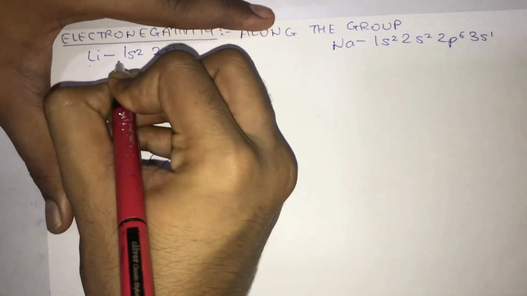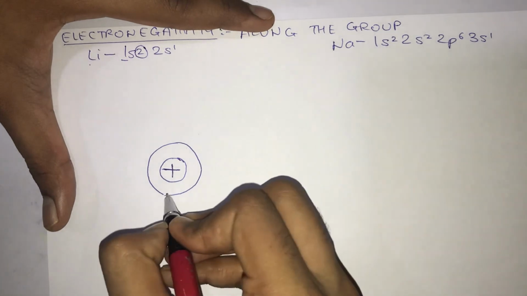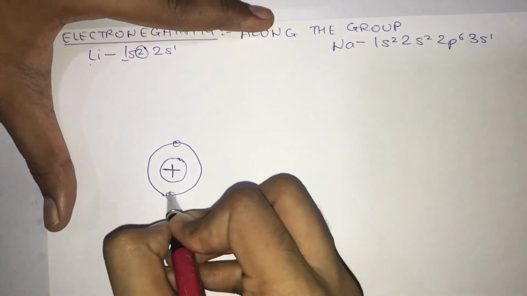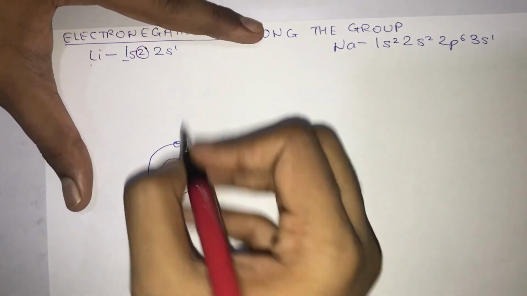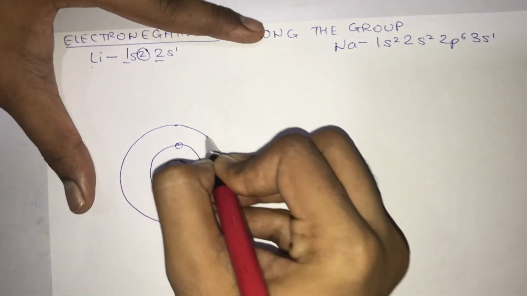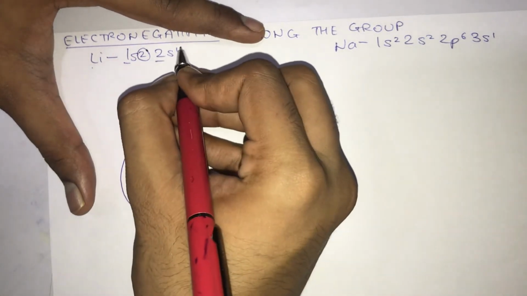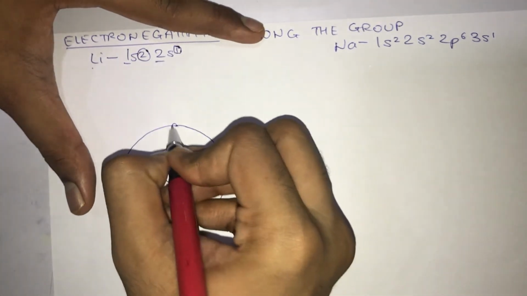Inside this first energy level, there are two electrons present, the first electron and the second electron. Inside the second energy level, there is only one electron present.